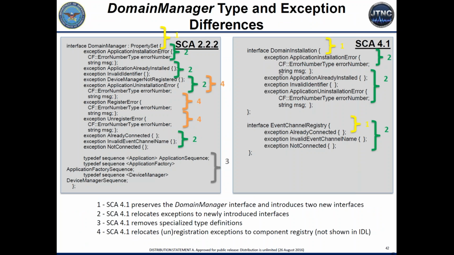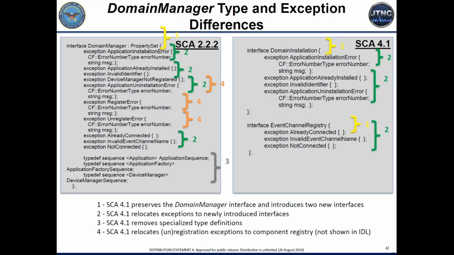Looking at the specifics of the interfaces, at the types and exceptions first, there has been a lot of decomposition of the domain manager interface. So we have introduced sub-interfaces for domain installation and event channel registry.